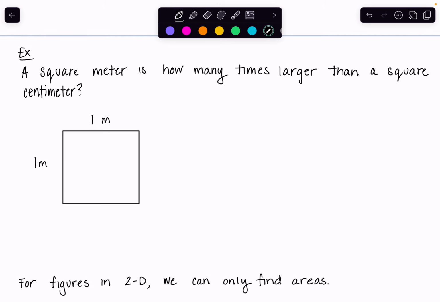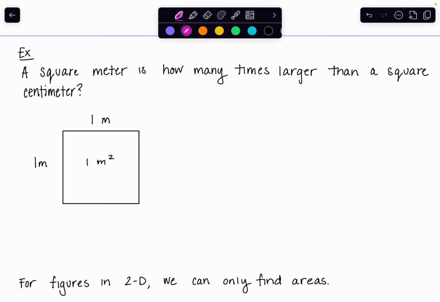Okay? So if I think about a square with side lengths, which are 1 meter and 1 meter, the area of this is 1 meter squared. What I can do to figure out how many centimeters squared that is really just kind of convert the sides.